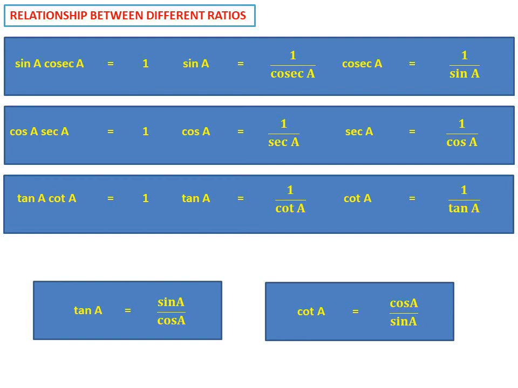Then we have also studied the relationship between them and some of the important properties. For example, sin A and cos A cannot be more than 1. Cosec A and sec A cannot be less than 1. Tan and cot can take any value. All these basics you have to understand, because every time no teacher will tell all these things, because whenever you want to solve a problem, these are the things you have to remember.